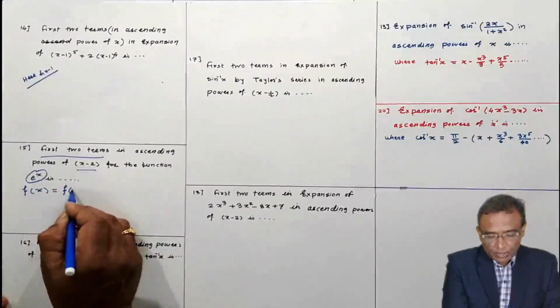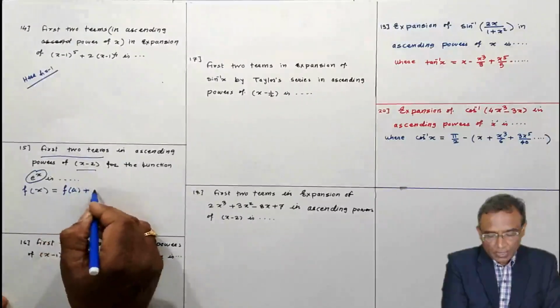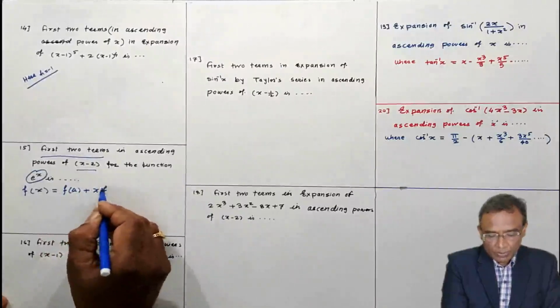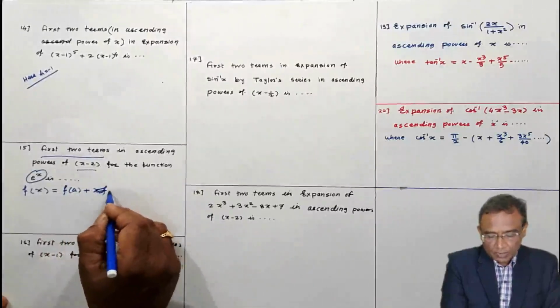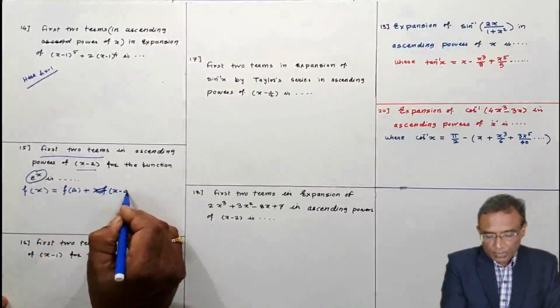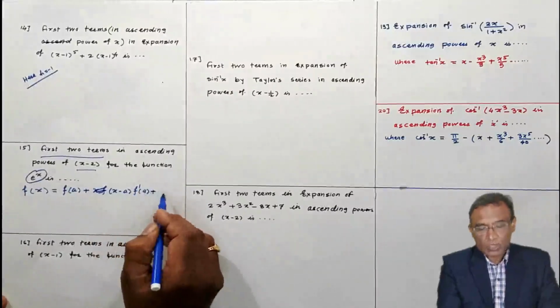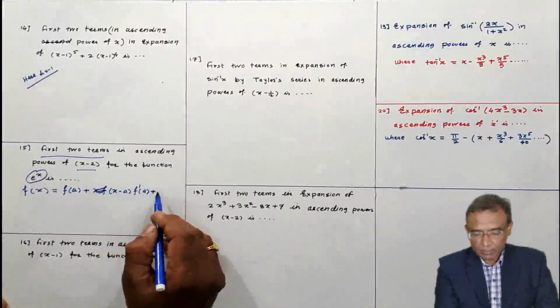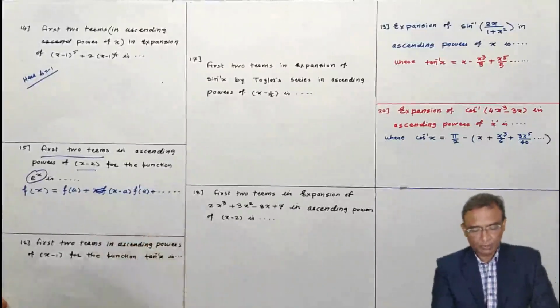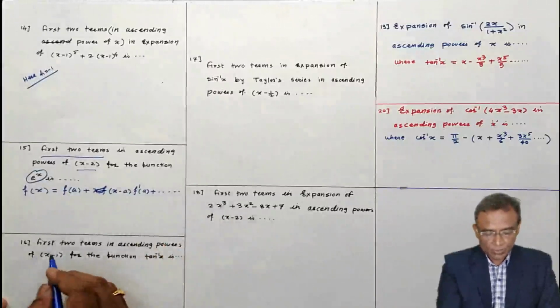F of a plus x minus a into f dash of a plus x minus a whole square by factorial 2 f double dash of a, and so on. Okay, we are interested in first 2 terms.